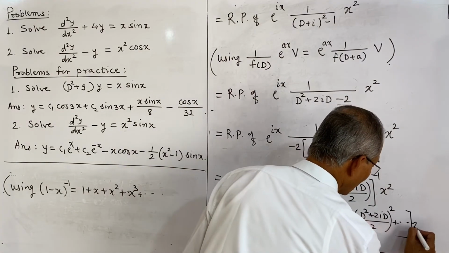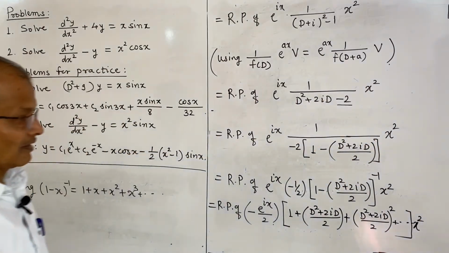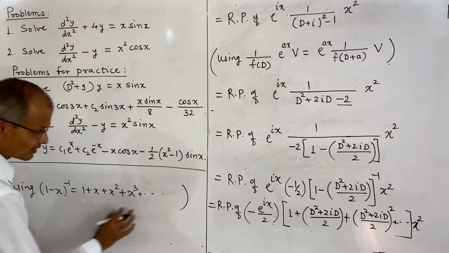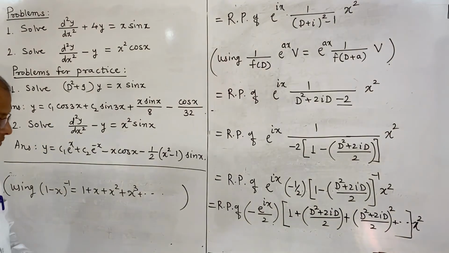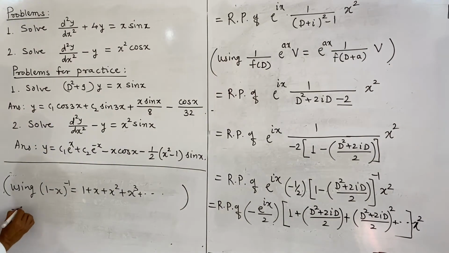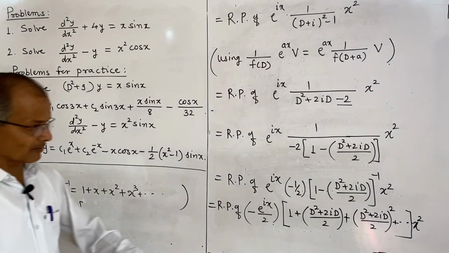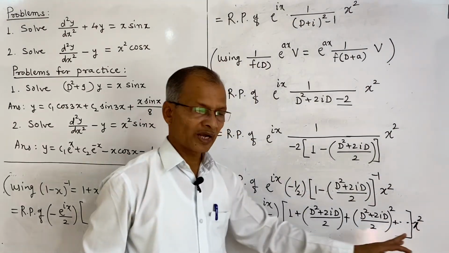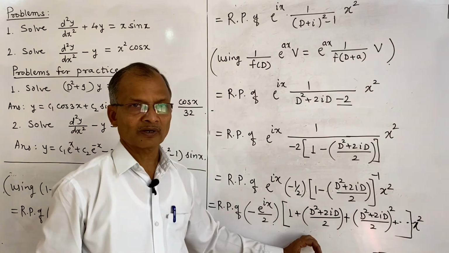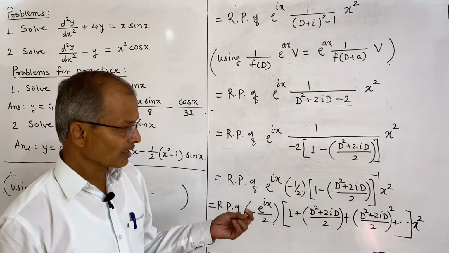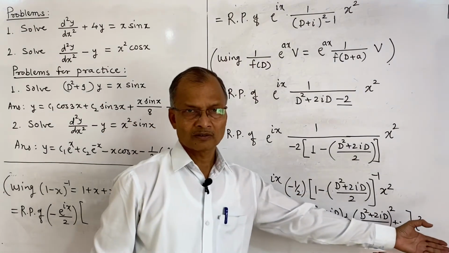So this is operated on x square, and now using this result further, that is equal to real part of minus e power ix divided by 2, and you see in this expansion the power of x is 2, and therefore we need the terms up to D square, because higher order derivatives of x square will be 0.